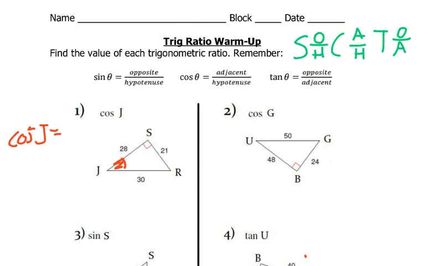When you're determining, adjacent means next to. So the one that's next to it is going to be 28. And your hypotenuse is always across from your right angle. So this is our hypotenuse. And we can reduce this. So cosine of J, if I reduce it by 2, will give me 14 out of 15.